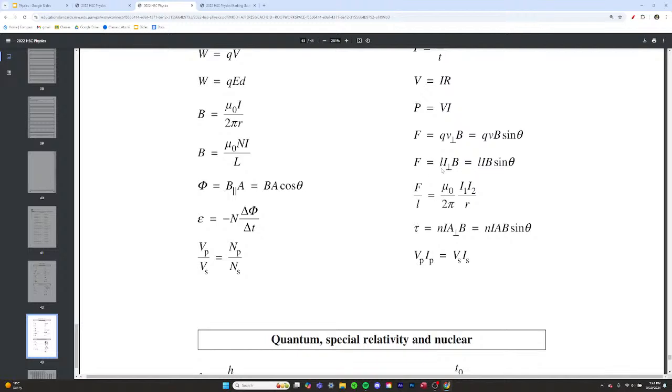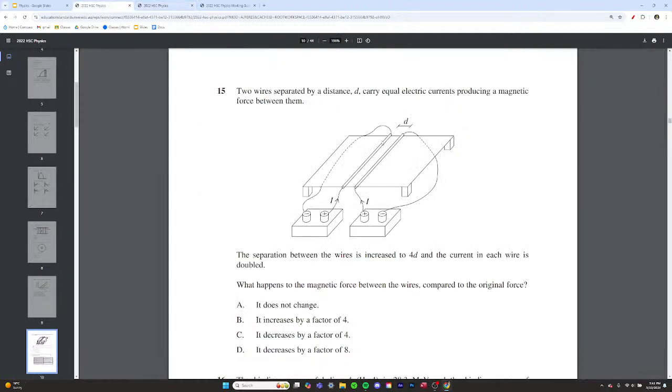So F on L equals, let's just name it, mu naught over 2 pi, I1, I2 over R. Don't do this in the exam, write it out. So then you go here, separated by a distance D.